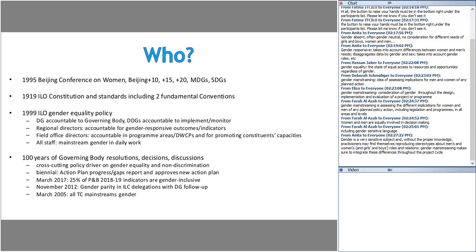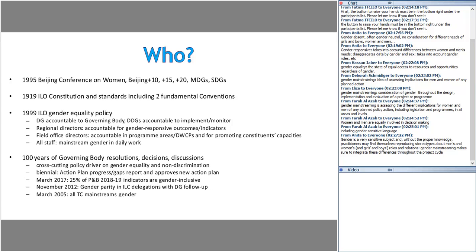We're now saying that we cannot achieve sustainable, equitable, inclusive development if gender equality and women's empowerment are not a critical base for this development. So we've had a paradigm shift.